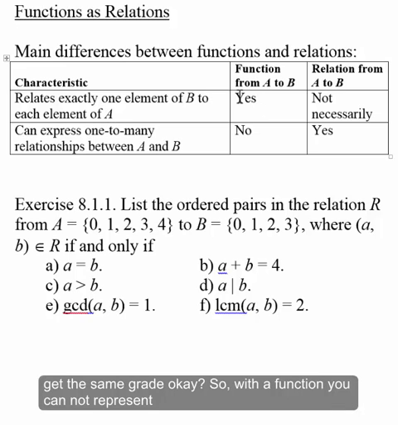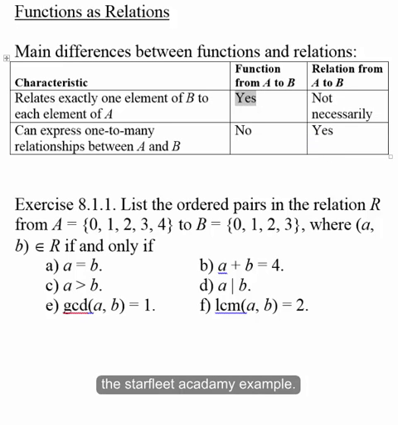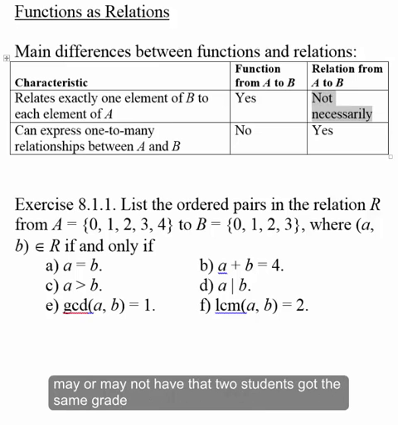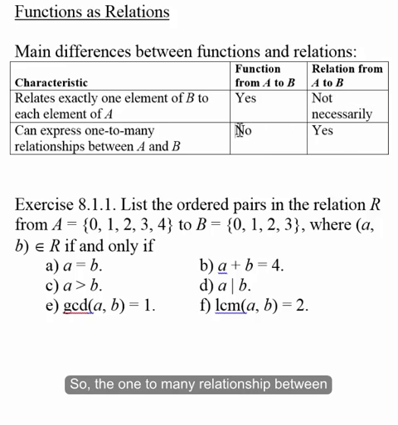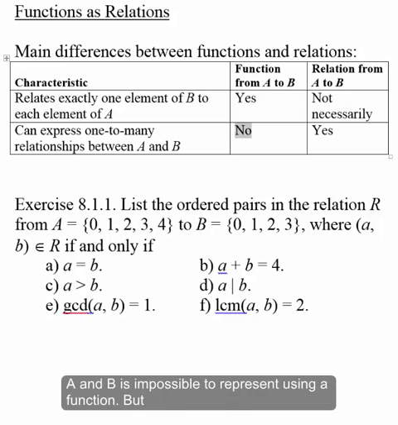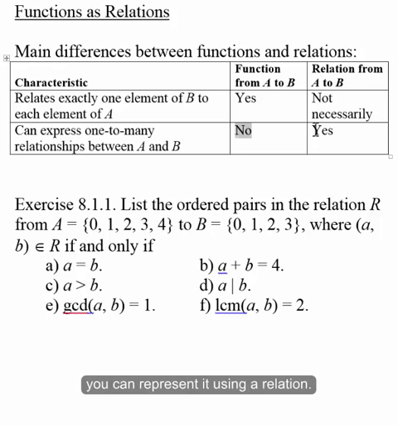So with a function, you cannot represent the Starfleet Academy example. With a relation, you can. You may or may not have two students who got the same grade. So the one-to-many relationship between A and B is impossible to represent using a function, but you can represent it using a relation.